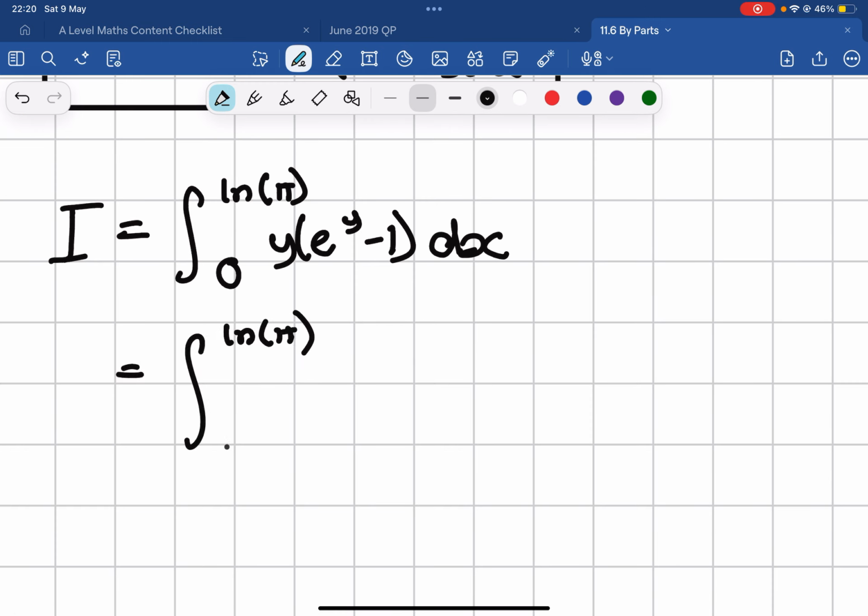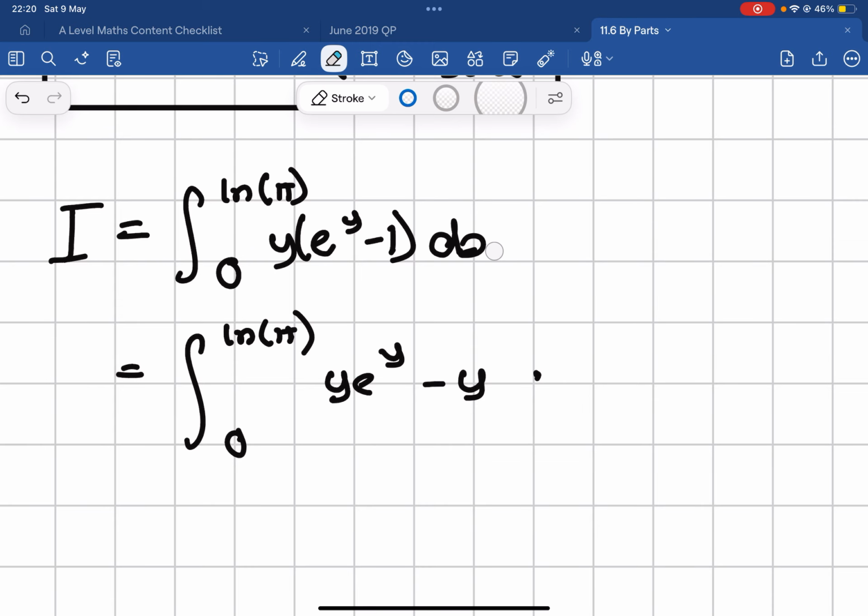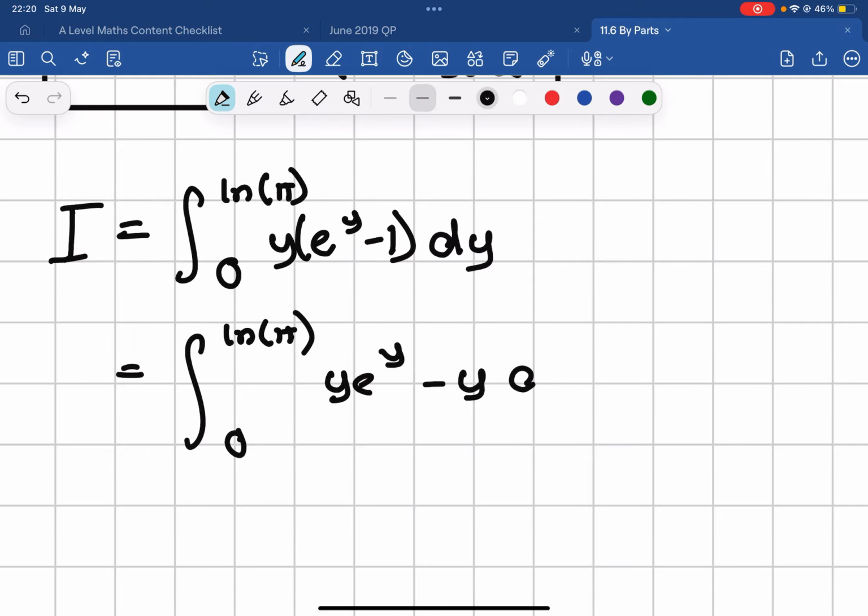Expand our brackets: y e to the y minus y, and this should become dy instead.